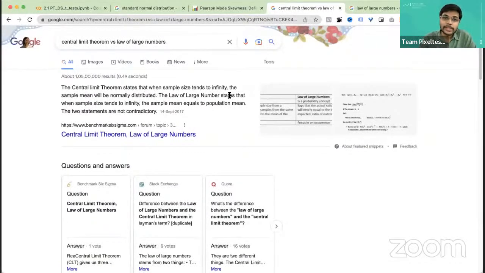The law of large numbers states that when sample size tends to infinity, meaning we keep on doing more samples, the sample mean equals the population's mean. Here it is saying it will be near to the population; there it is saying it will be normally distributed, right? So if you're clear with what the central limit theorem is and what the law of large numbers is, write C in the chat box.